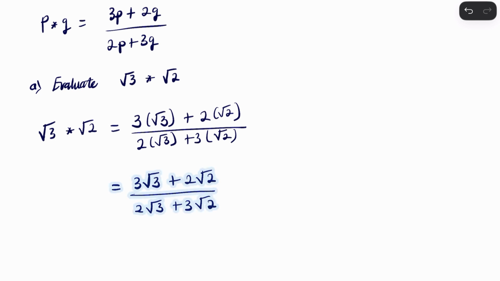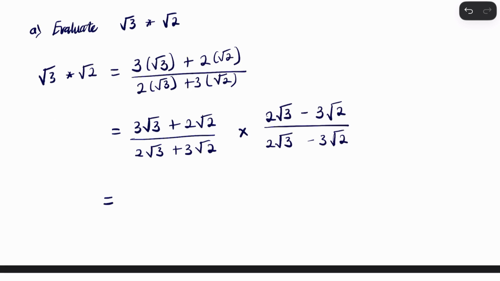And so here we are going to rationalize this. We're going to multiply through by the conjugate of the denominator, so we have 2 times the square root of 3 minus 3 times the square root of 2, divided by 2 times the square root of 3 minus 3 times the square root of 2, right? Let's simplify this. This is going to multiply that, and also this is going to multiply that.